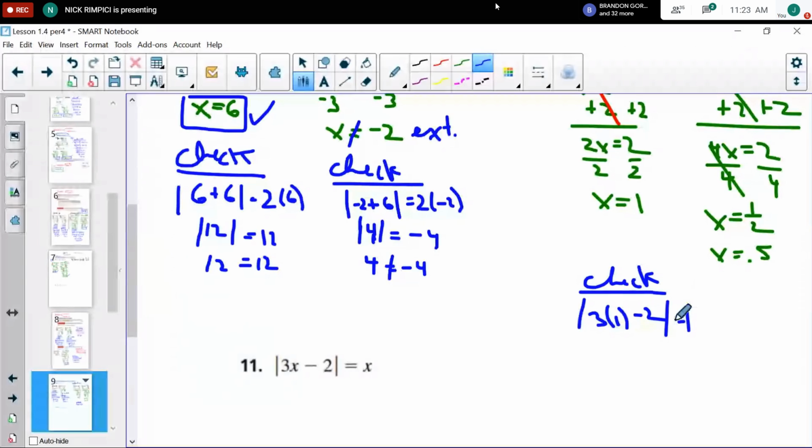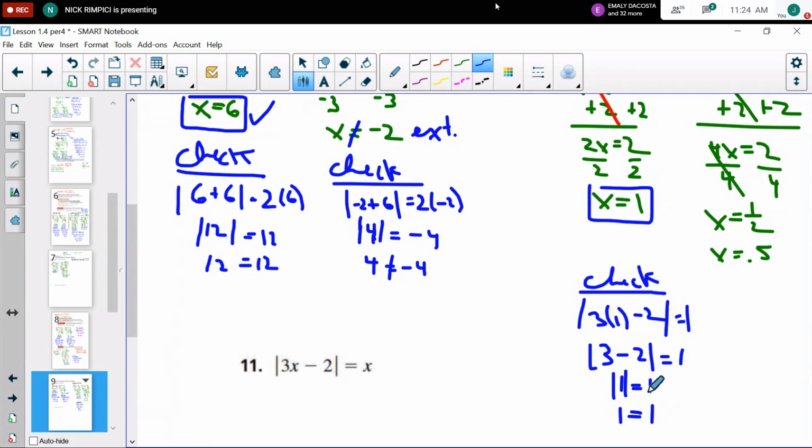So 3 times 1 equals 3, minus 2 equals 1, and the absolute value of 1 equals 1. Correct. So we see that it works. x equals 1 is a solution because it makes the left side and right side equal.